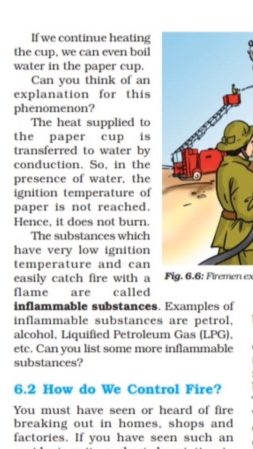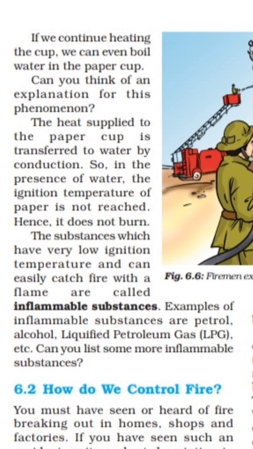Now the substances which have very low ignition temperature and can easily catch fire with a flame are called inflammable substances. The substances which catch fire are called combustible materials.